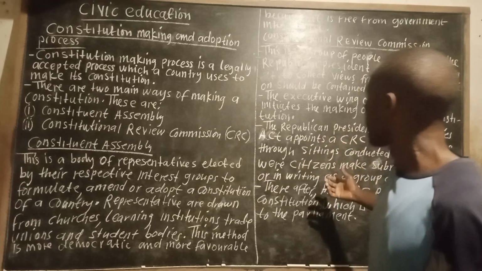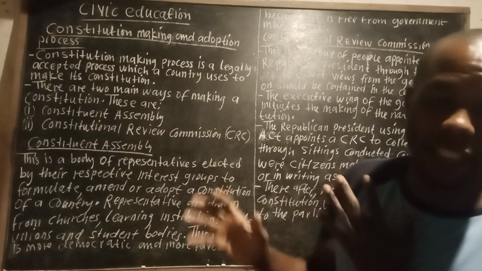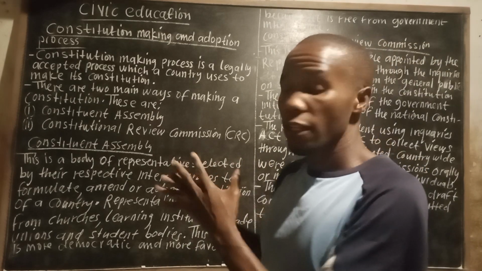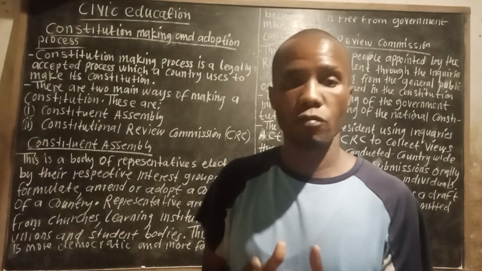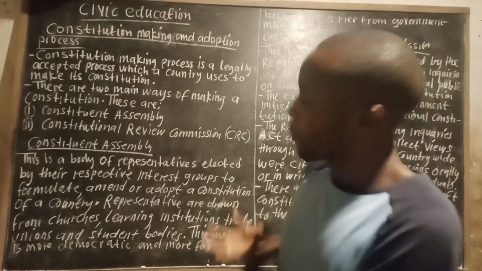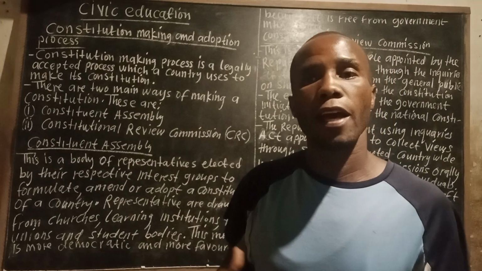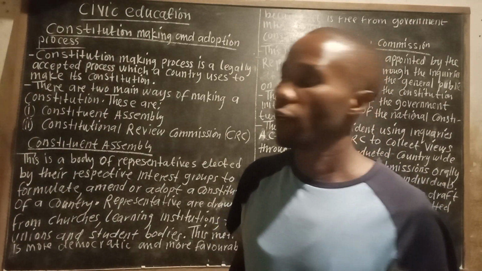When you look at the Constituent Assembly and the CRC, the difference is that the Constituent Assembly is spearheaded by interest groups, where institutions like churches and student bodies elect the representatives.